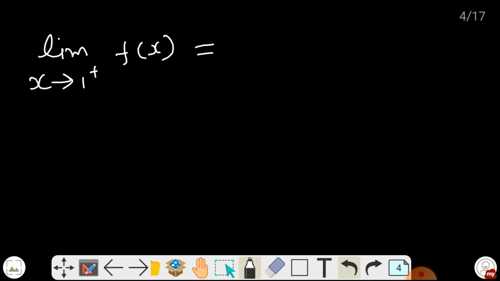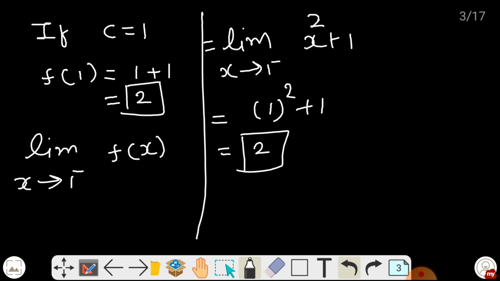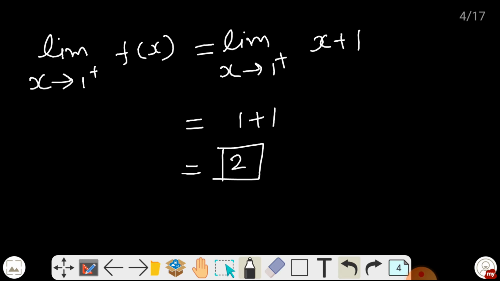Now limit x tends to 1 plus f of x is equal to limit x tends to 1 plus, now here it will be x plus 1, which is equal to 1 plus 1, which is equal to 2. So we have left limit equal to right limit, and equal to f of 1.